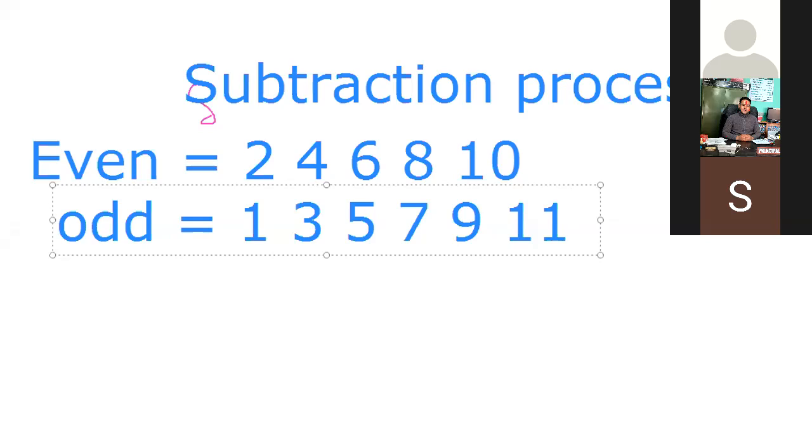Divisible by 2 is an even number, not divisible by 2 is an odd number. So this subtraction process says, remember, okay, subtraction process says we need to continuously subtract the odd numbers. I'm going to show one demo for you.